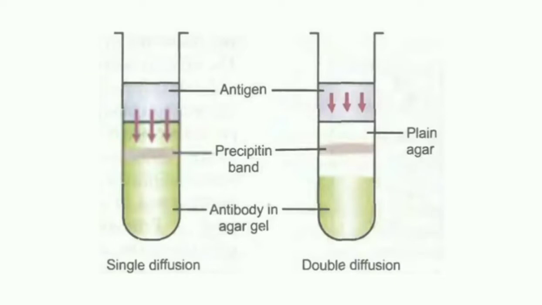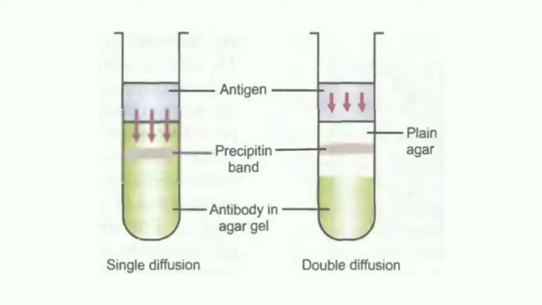Now there is another type, double diffusion in one dimension. This is also happening in one dimension, but you have the movement of both antigen and antibody. In the test tube, initially the antibody is incorporated in agar gel, similar to the first case.